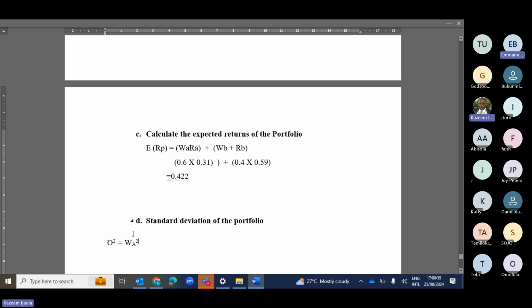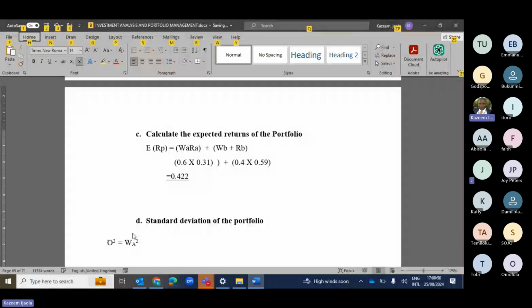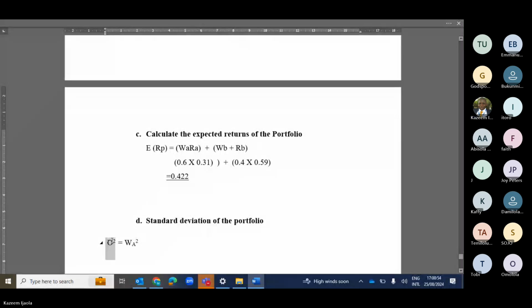So exactly, let's just keep it like this. So weight of A, then you bring the variance of A. Let's do it like this. Then you now say plus. I could have just used numbers directly instead of writing all this, but it's necessary we write it.